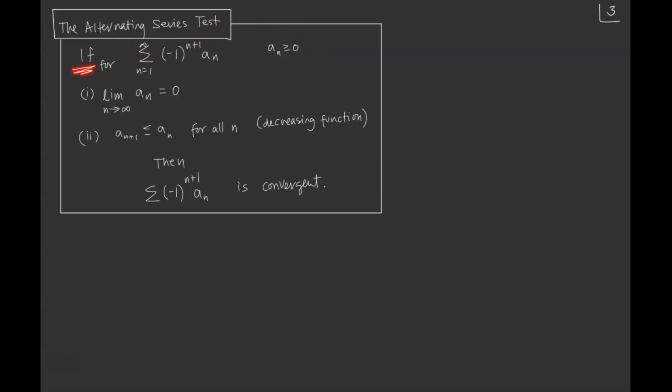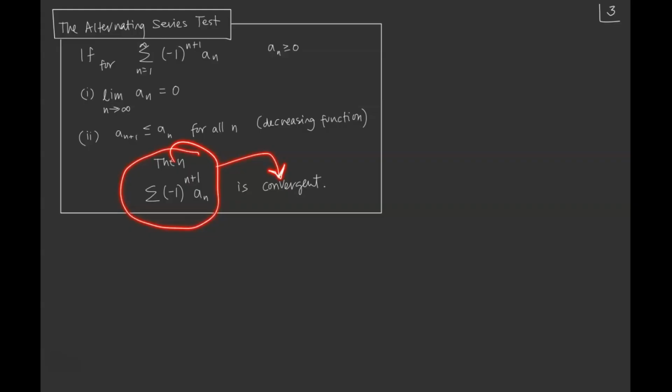Then if two conditions are met, the limit as n goes to infinity of each term is 0, so this sequence is approaching 0. And the second condition is that the n plus 1th term is always less than or equal to the nth term for all n, so this is a decreasing function. If both of those conditions are met, then the alternating series is convergent.